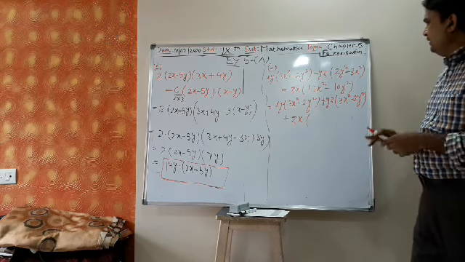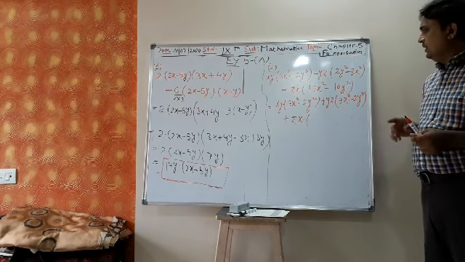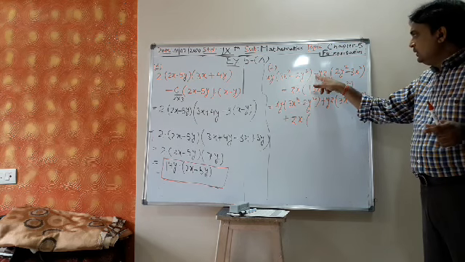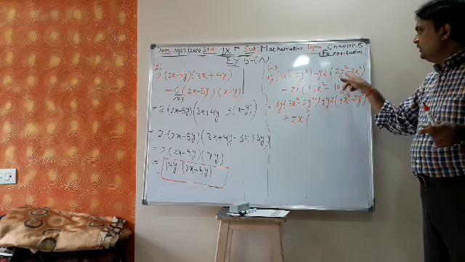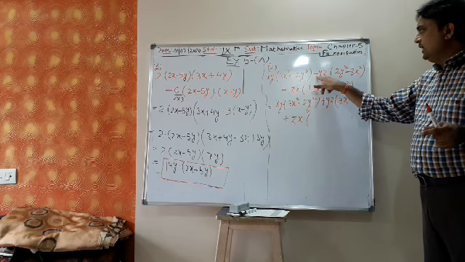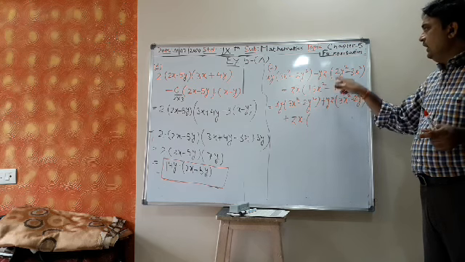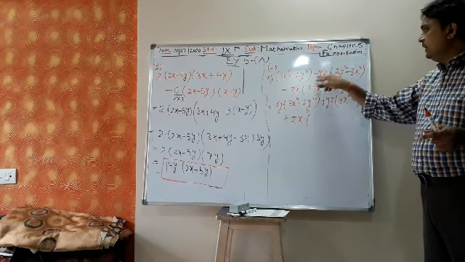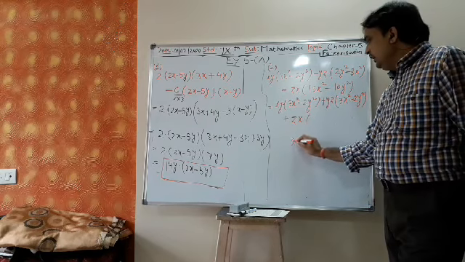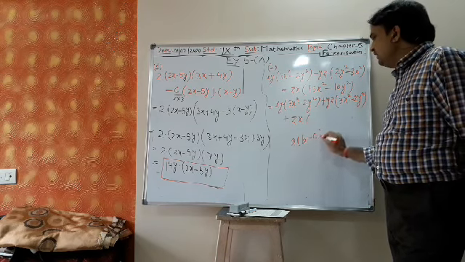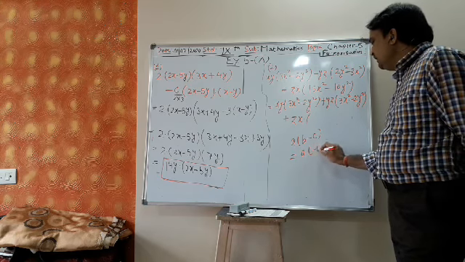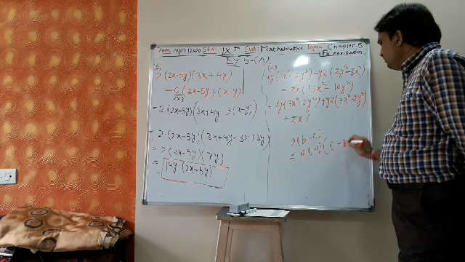Wait. This part. See, bracket means this minus; when you take it inside, the minus goes inside, it will be plus. Let me explain this. A into B minus C, I can write A into minus 1 into C minus B. Yes or no?